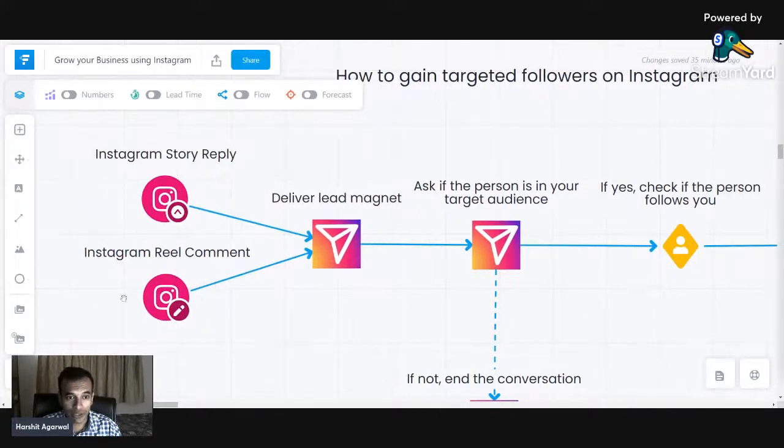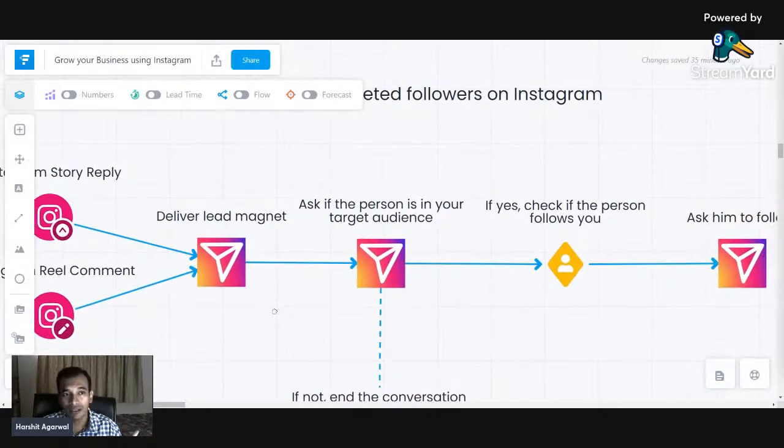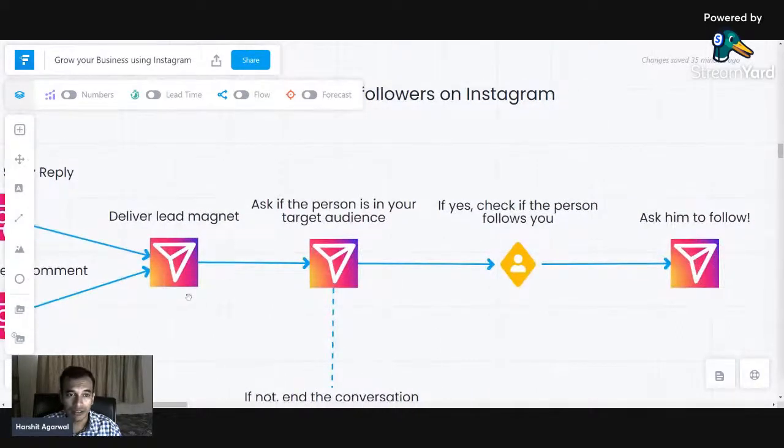You can schedule reels using Facebook Creator Studio, and then you can ask them to reply with a particular keyword. And when they comment with that keyword, you can trigger an automation using ManyChat, and ManyChat sends a DM to the person commenting, and in the DM is a lead magnet.